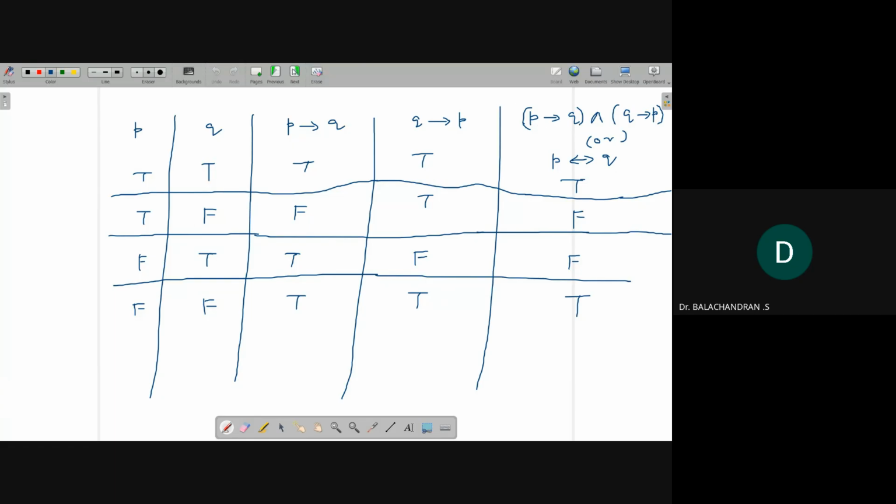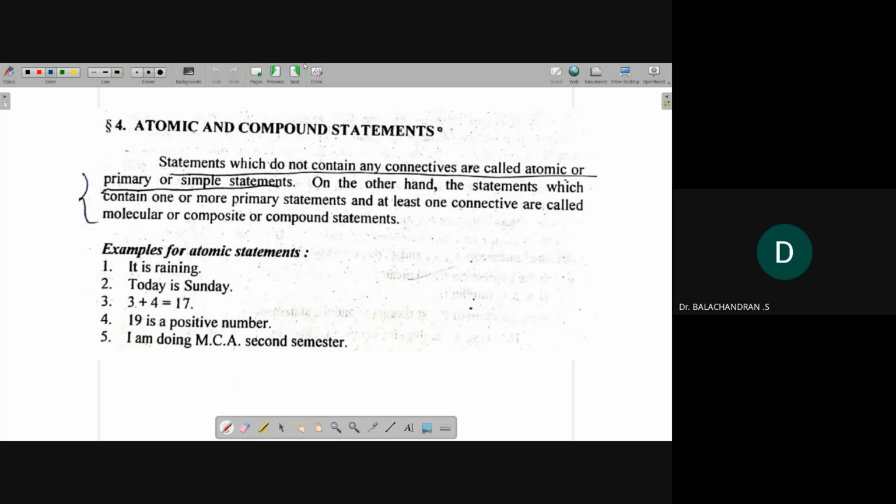Now next concept, atomic and compound statements. This is a definition you should know. A statement which does not contain any connectives is called an atomic, primary or simple statement.